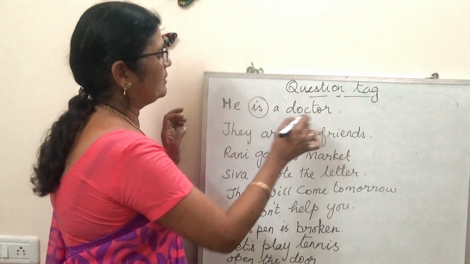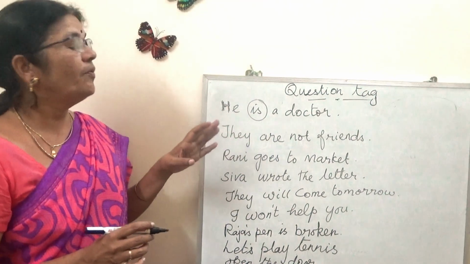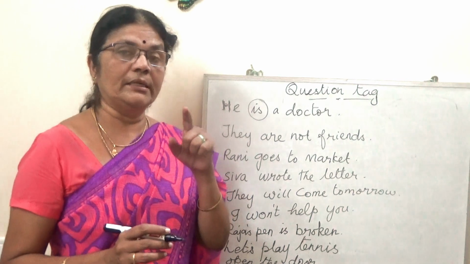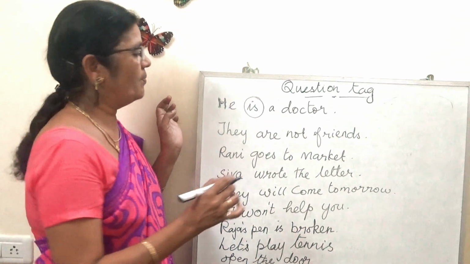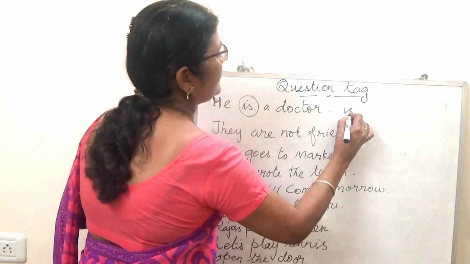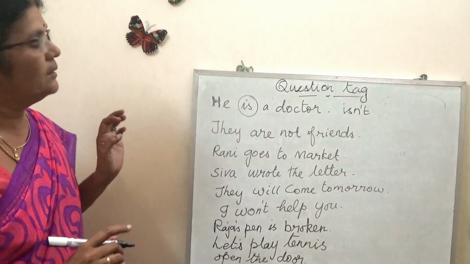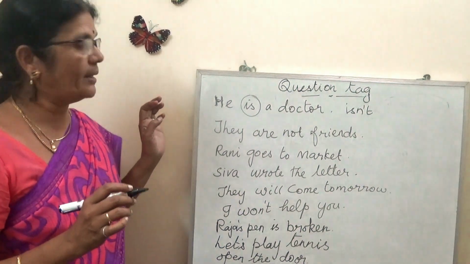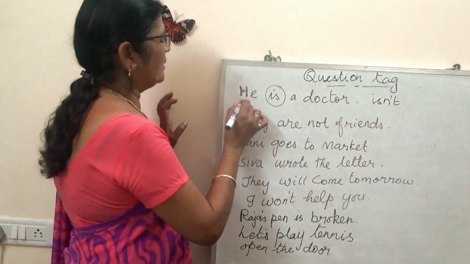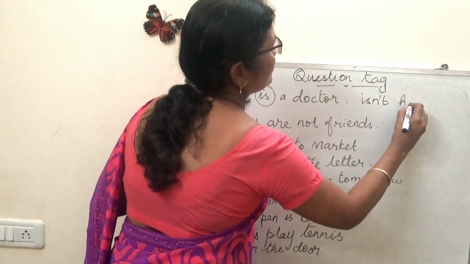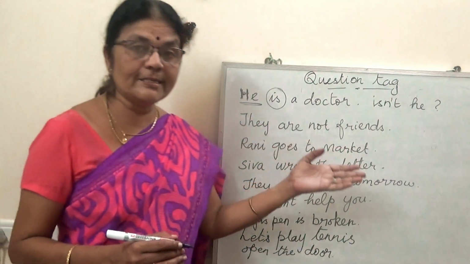This sentence is positive since there is no negative word, so we have to use the negative tag in the contracted form, isn't. Then step 3 is to write the subject pronoun, he. Put a question mark. So the question tag is isn't he?